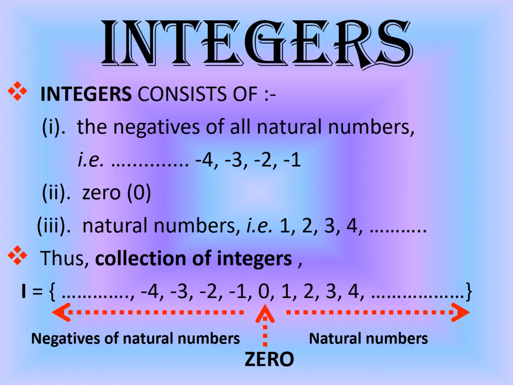It also contains 0 and natural numbers, that is 1, 2, 3, 4 and so on. Thus, the collection of integers can be defined through this line, which consists of zero, natural numbers and the negatives of natural numbers.